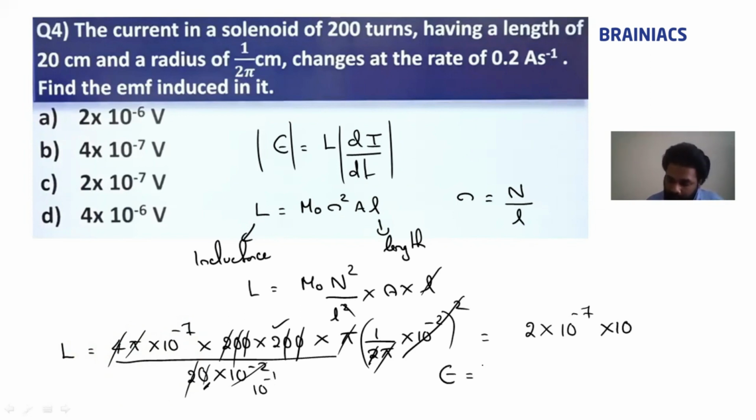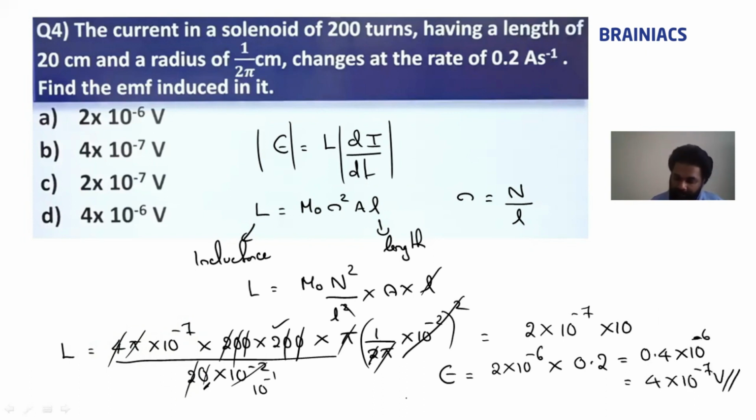EMF is equal to L di by dt. So L is 2 into 10 raised to minus 6, into di by dt, which is how much? 0.2 we have got. So this is actually 0.4 into 10 raised to minus 6. So let us make it 4 into 10 raised to minus 7 volt.